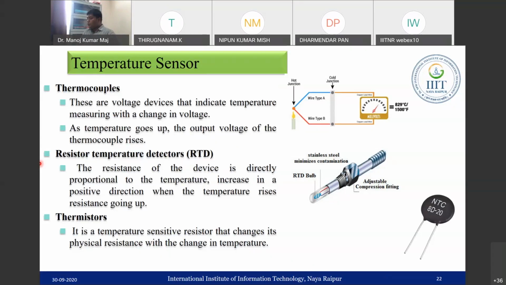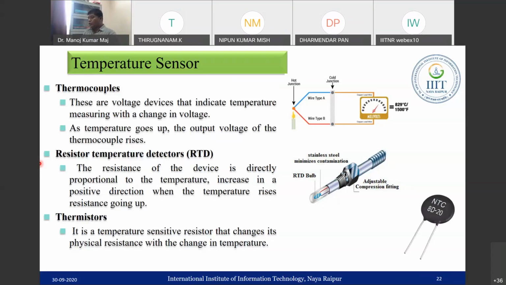In this case also, the wire legs are welded together at one end, creating a junction. Now the junction is where the temperature is measured, and when the junction experiences a change in temperature, a voltage is created, because there are two different metals. These two different metals have different resistivity.